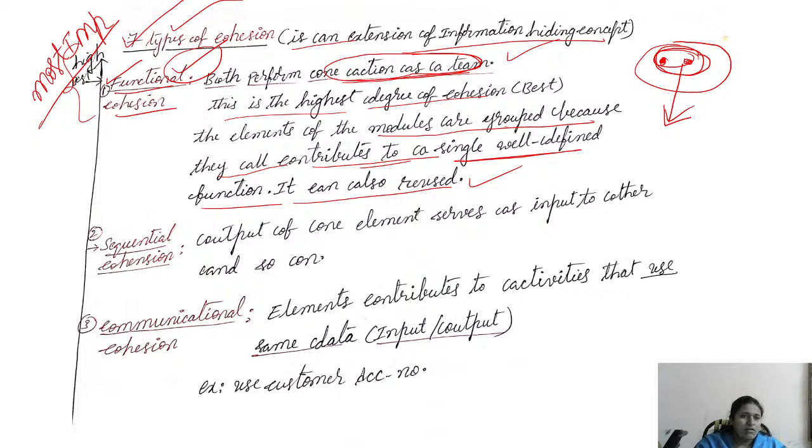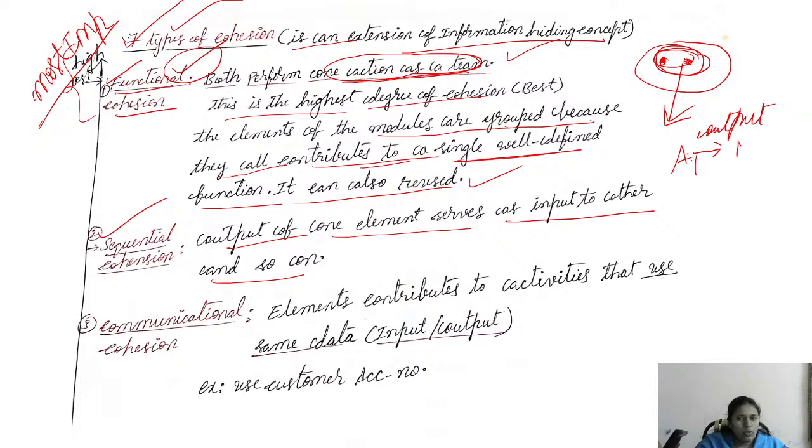That is the first. Next one is sequential cohesion. Output of one element serves as an input to another, and so on. Suppose this is element 1. After A1 completes its action, it gives output, and this output works as an input to the next element.